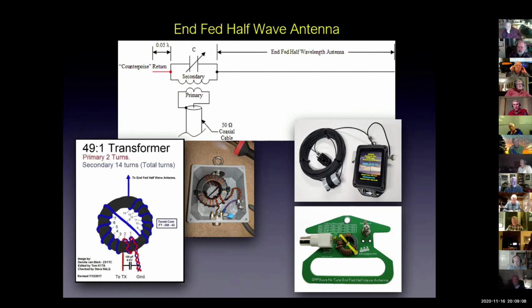QRP Kits has one here in the lower right-hand corner that I think is under $20. But by nature of their name, QRP Kits, it's rated for probably about 10 watts.